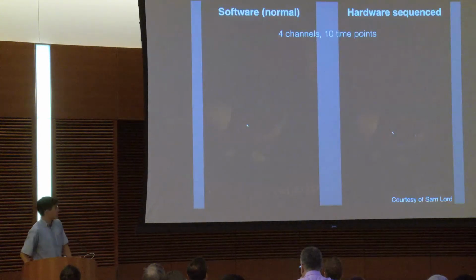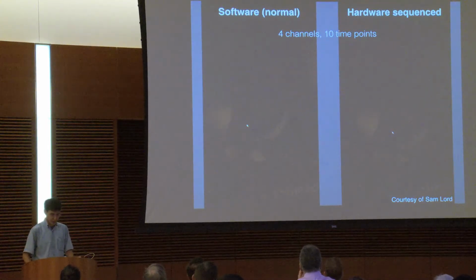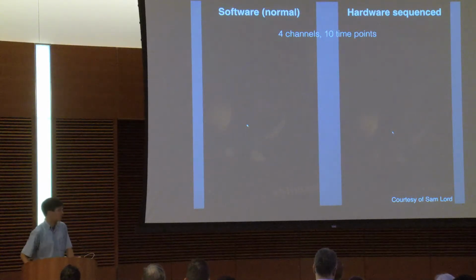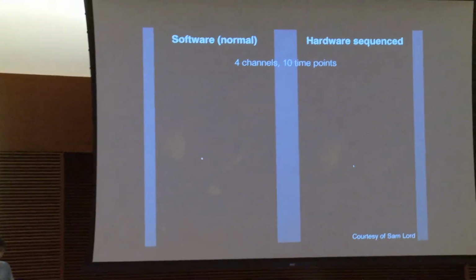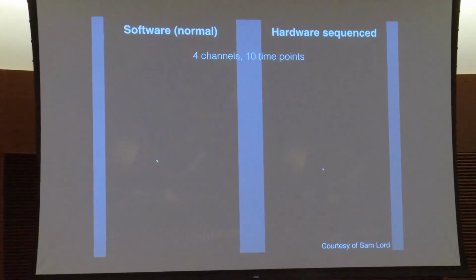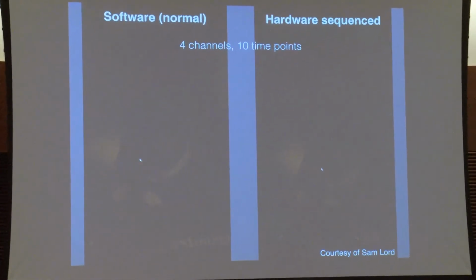And these movies are just going to show you what sort of speed-up you might get from this. In this example, the experiment is a 4-channel time series with 10 time points. And on the left is going to be a view of the illumination in a normal software-controlled acquisition. And on the right is the hardware-sequenced version.